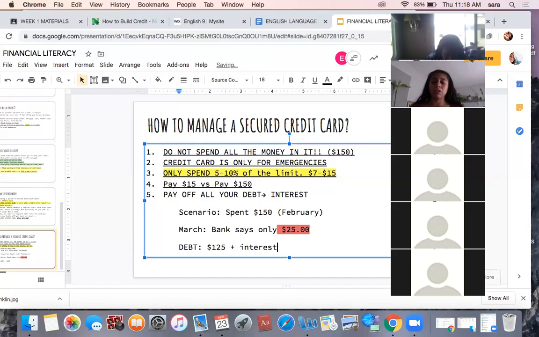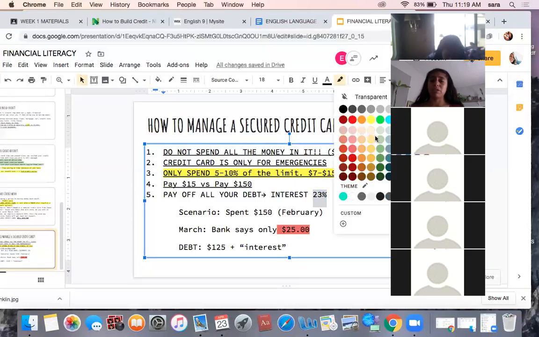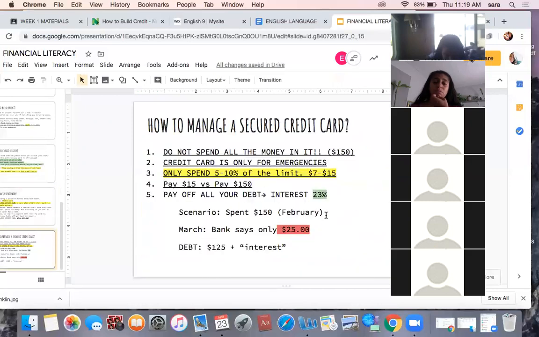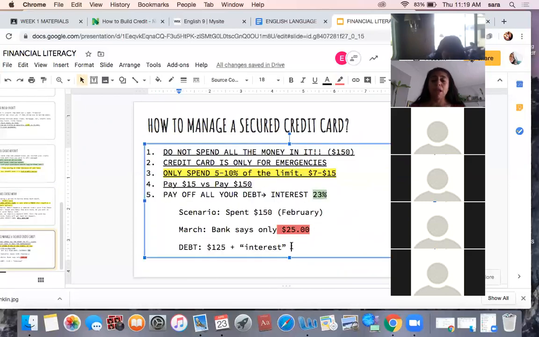Let's say Ruby's interest is about, let's put something in the middle, 23%. That's a high interest on debt. That's her interest.